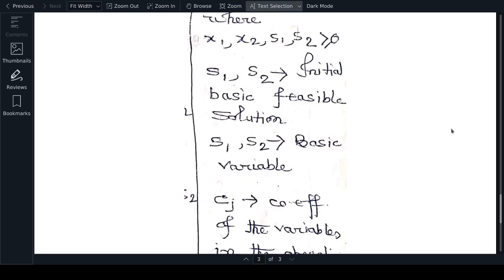Next, suppose the diagonal elements are 2, 2, instead of 1, all the diagonal elements are 2 and the rest are 0. Then what is the name of this matrix?